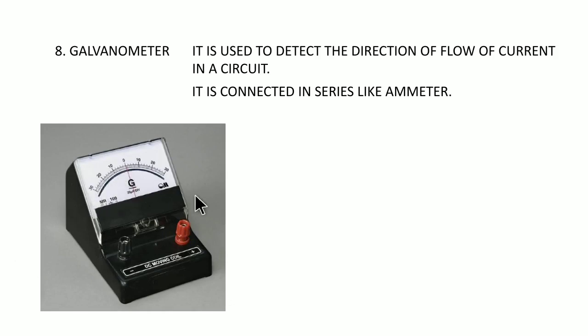So it's very simple. And this is the symbol: in a circle you have a capital G marked. This means that it shows where the current will flow through. So this is the symbol for galvanometer.